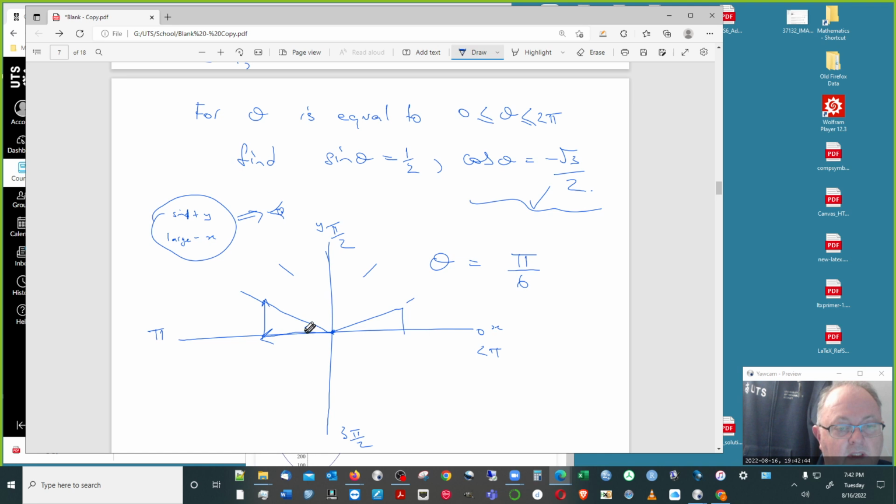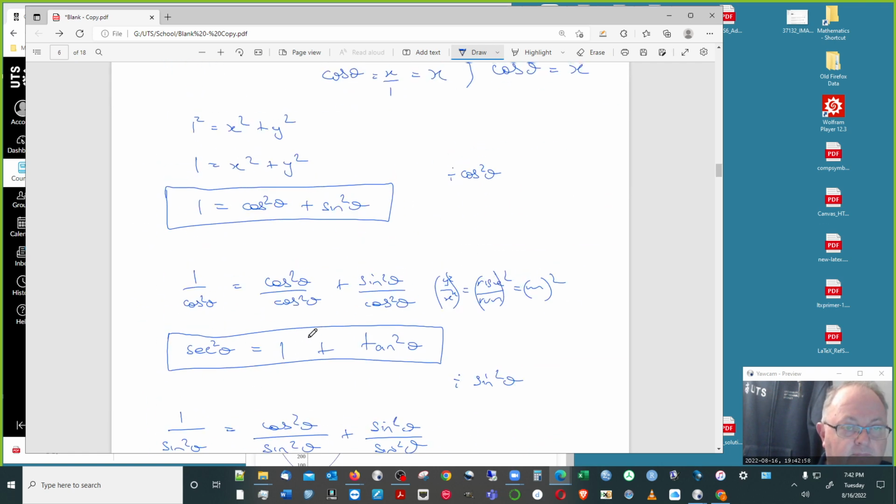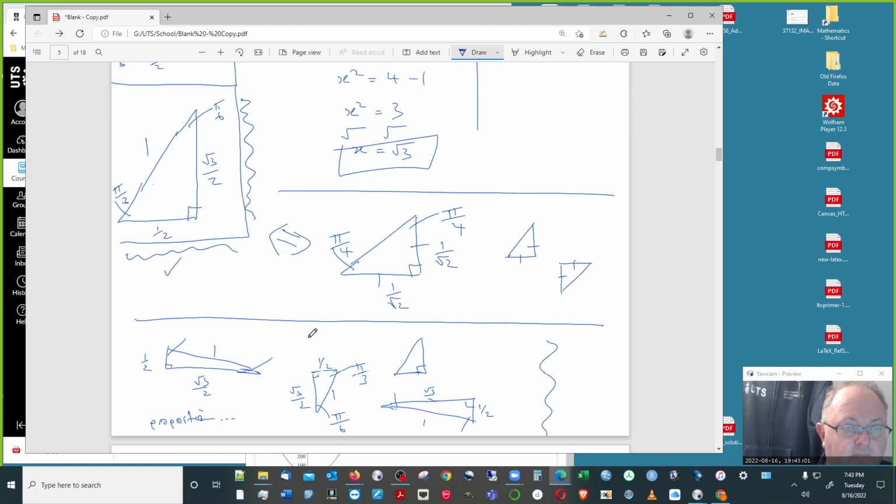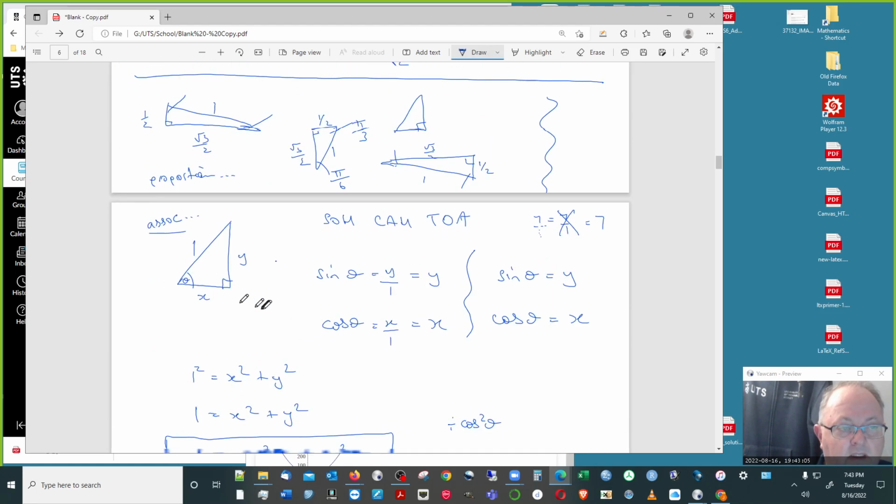So yes, the base triangle is a 30-60 with proportions of a half and root 3 on 2. There it is. That's that triangle hidden in this problem.